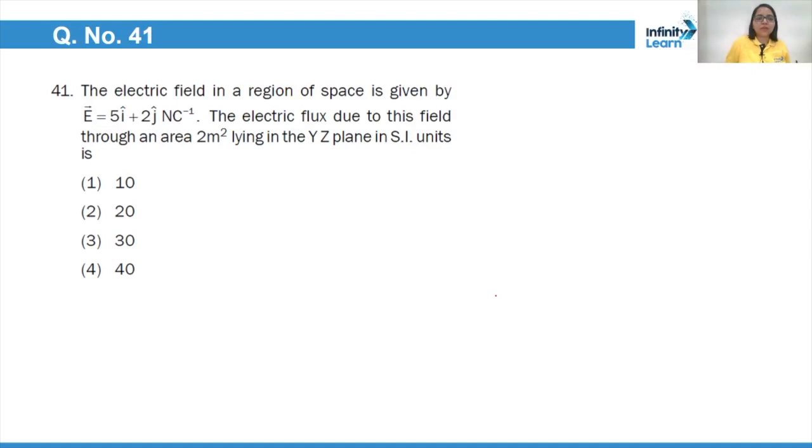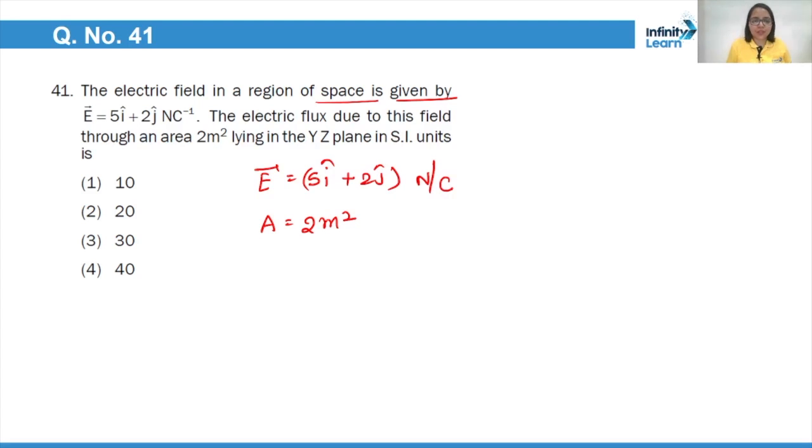Question number 41. The electric field in a region of space is given by 5 I cap plus 2 J cap Newton per coulomb. The electric flux due to this field through an area 2 meter square lying in xy plane in SI unit is.